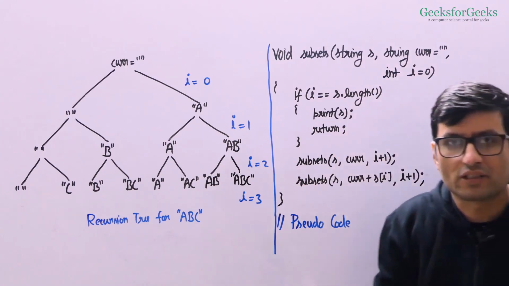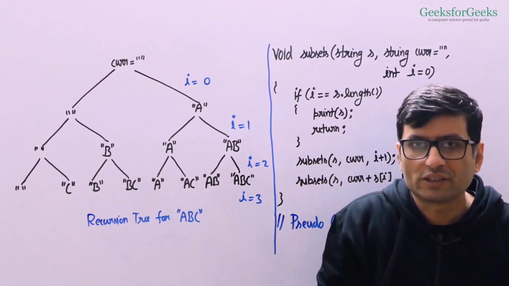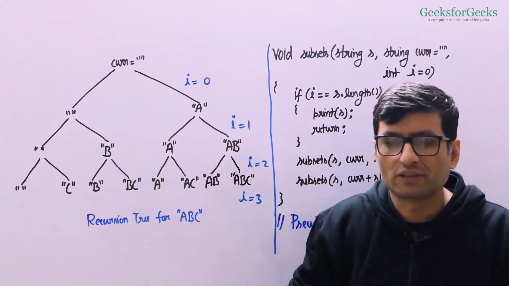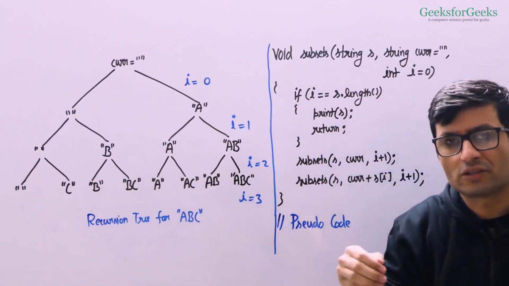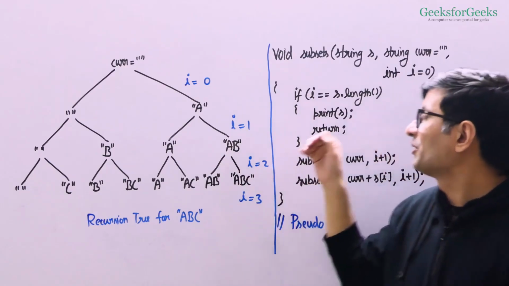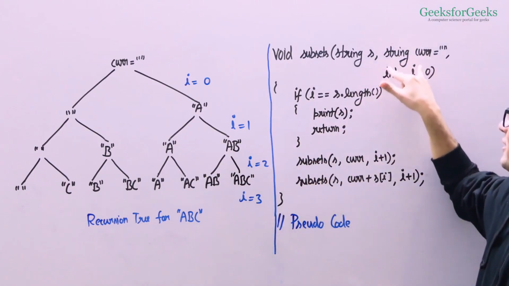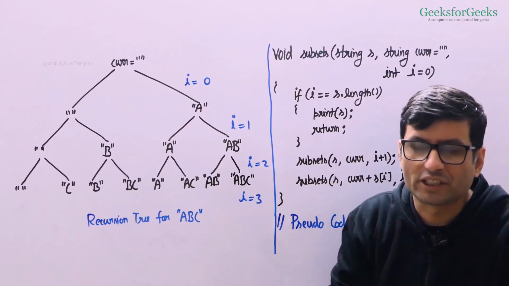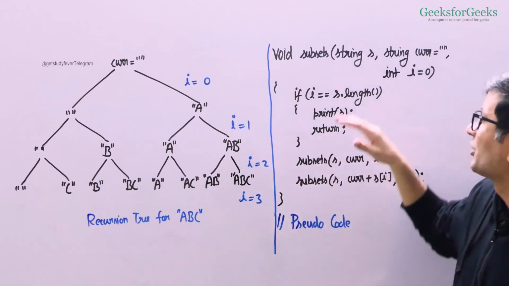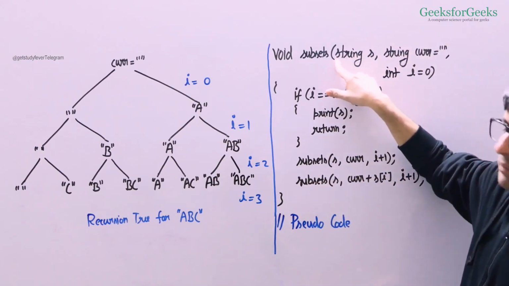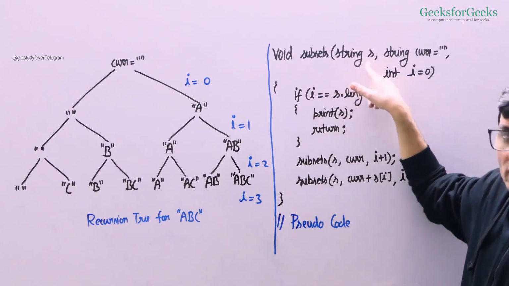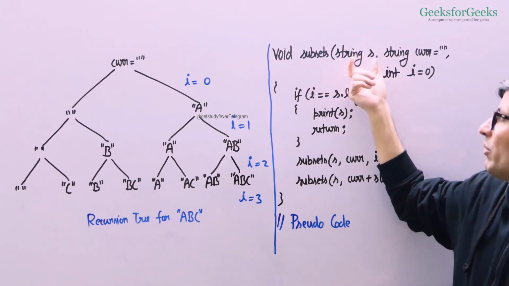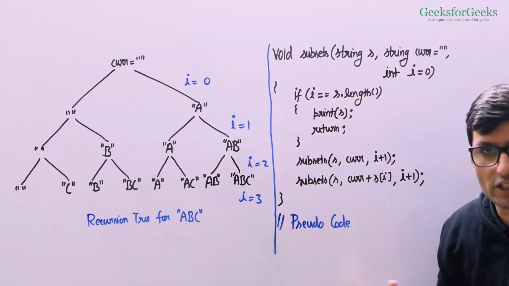In other languages like Java, where you don't have default arguments, as of Java's current version, as of 2020, it does not support default arguments. So in Java, if you want to pass these, you need to pass them explicitly when you make the function call. And in Java you need to use capital S, and if you're programming in C++, you need to pass the string by reference to avoid copying of a string again and again.